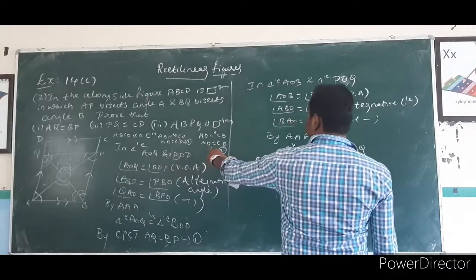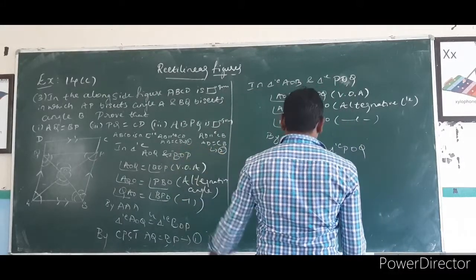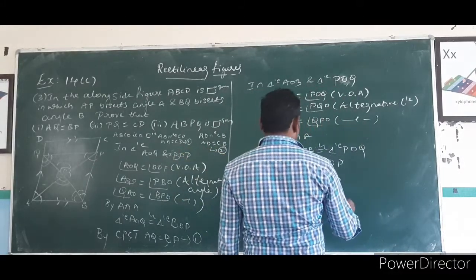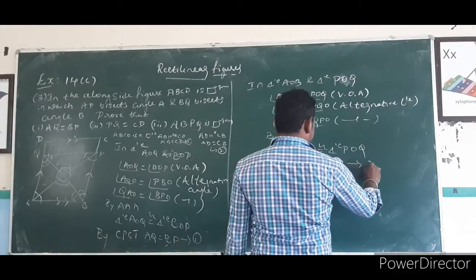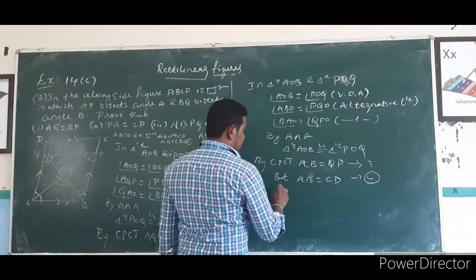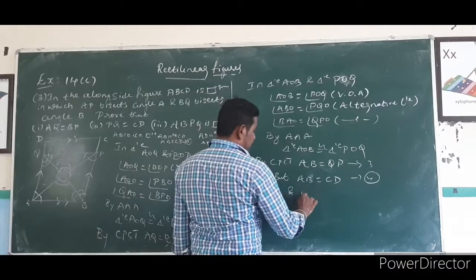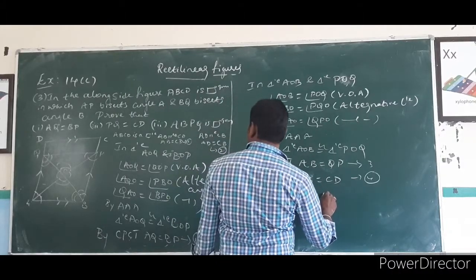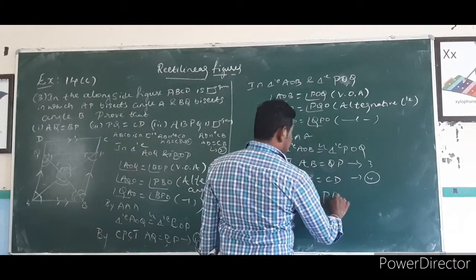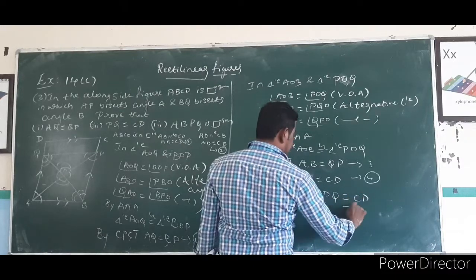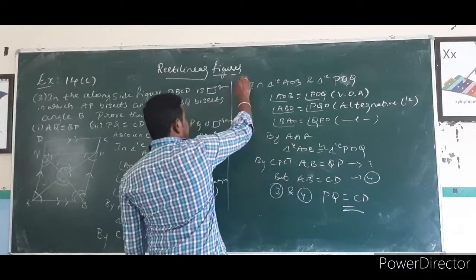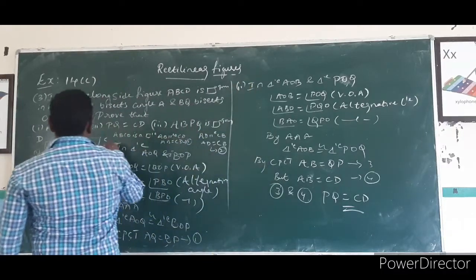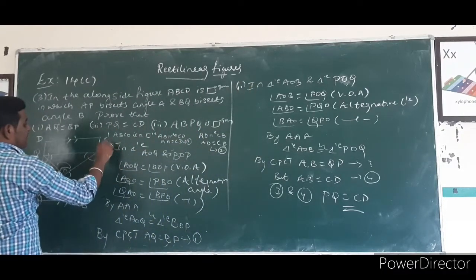So AB equal to CD, because ABCD is a parallelogram. This is equation number 3 and 4. So that is PQ is equal to CD. We proved the second one. This is the proof for the second one. This is the proof for the first one.